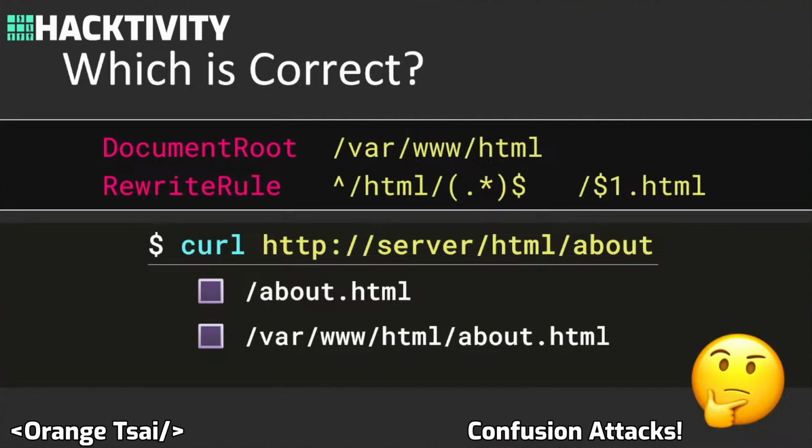So today, when you visit the URL http server /html/about, which file do you think Apache will actually open? Is it about.html under the root folder, or the file from the document root at /var/www/html?